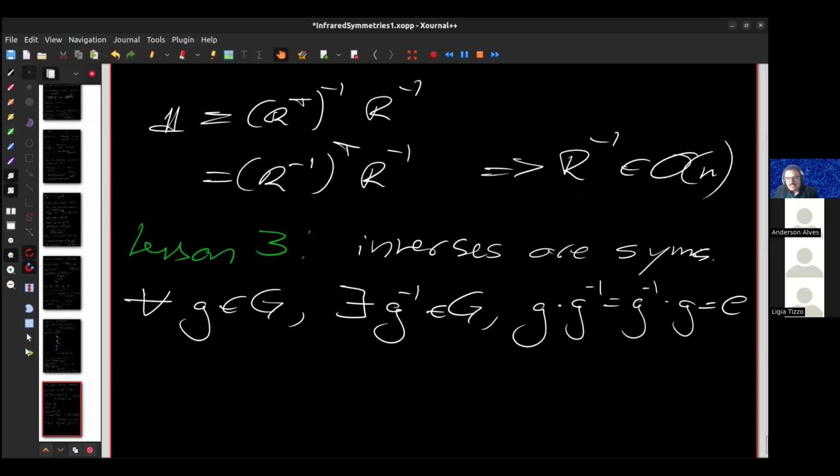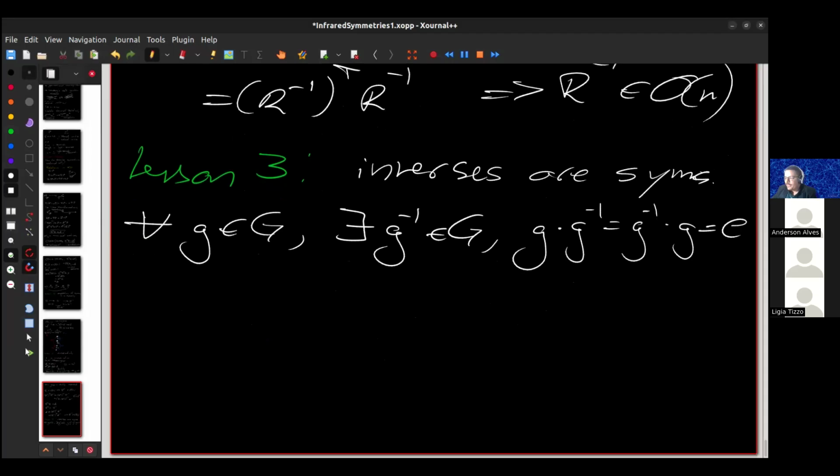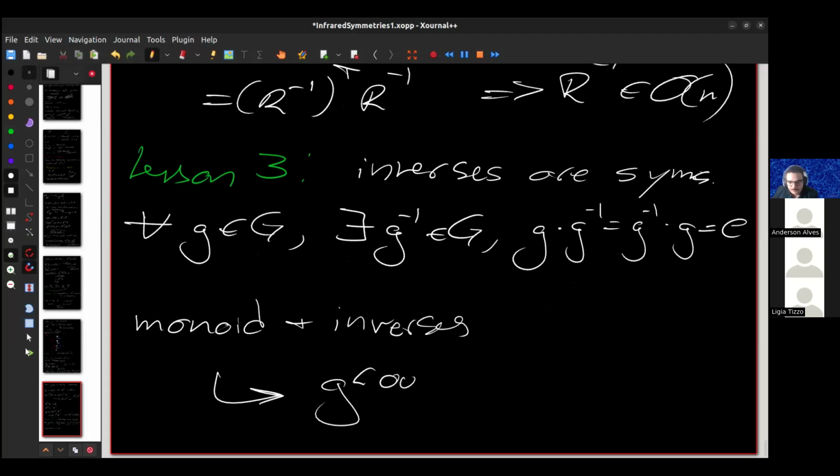So this is the existence of inverses. And finally, a monoid with inverses for all elements is called a group.